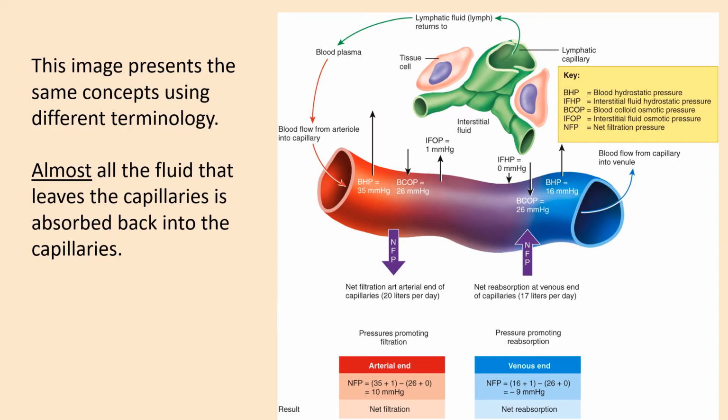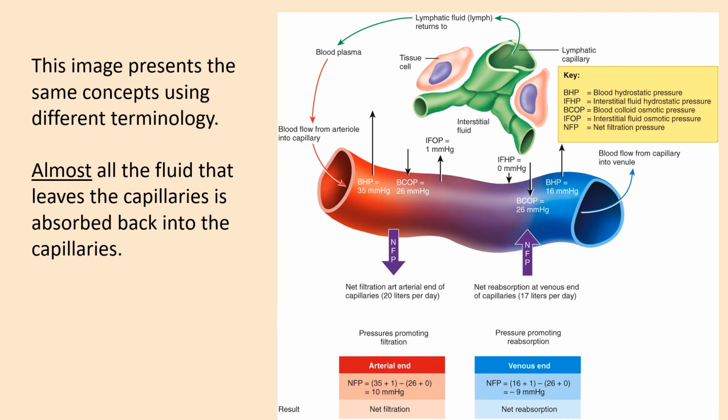To illustrate that point again, I've selected a diagram out of a different textbook. This is a textbook also covering capillary exchange and those same 4 forces that determine net filtration pressure, and we use to determine for a particular point along the length of a capillary, is filtration occurring or is absorption occurring?